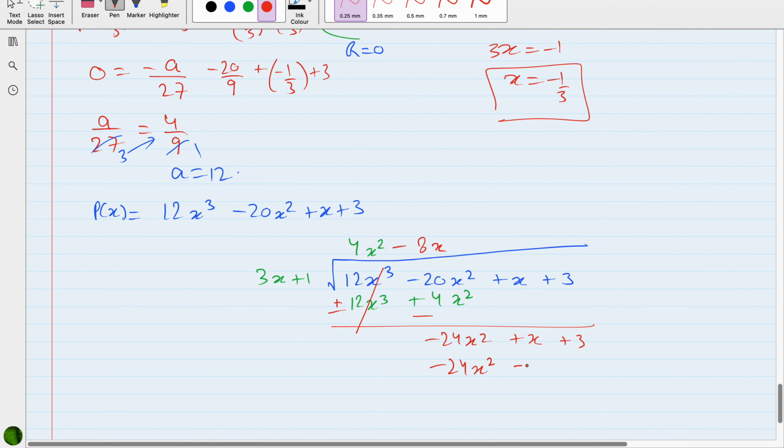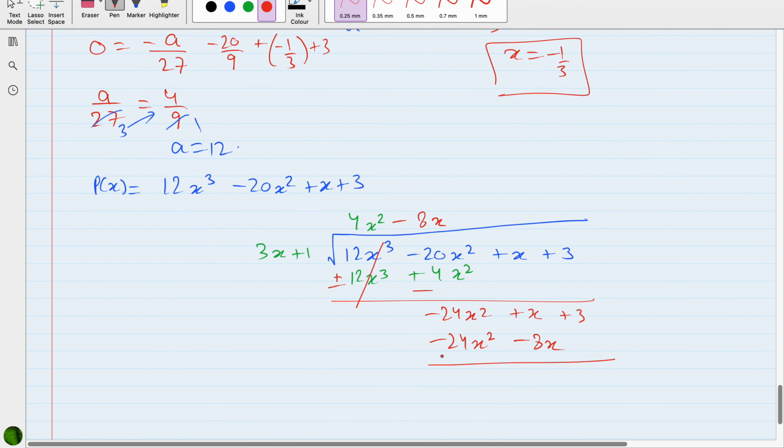With 1 this is negative 8x. Change the sign. 9x plus 3. To get 9x, simple, 3 times is 9x. 1 into 3 is 3. We change the signs and get rid of this.